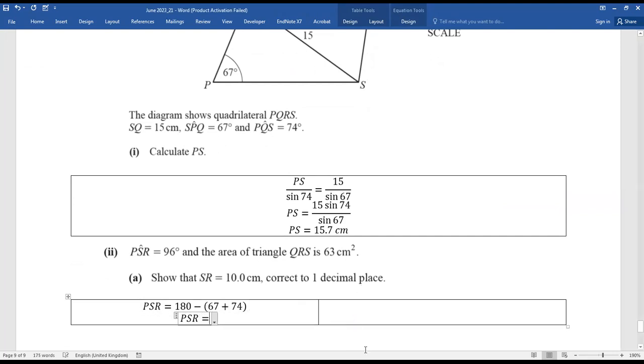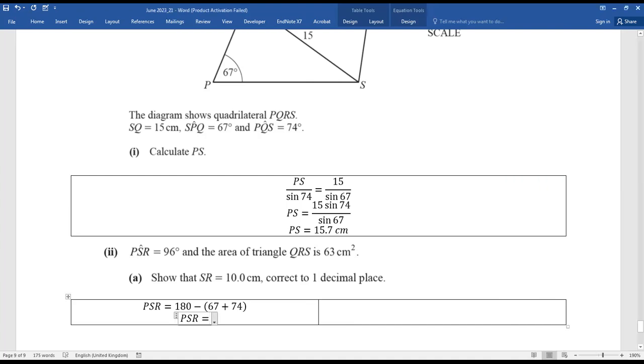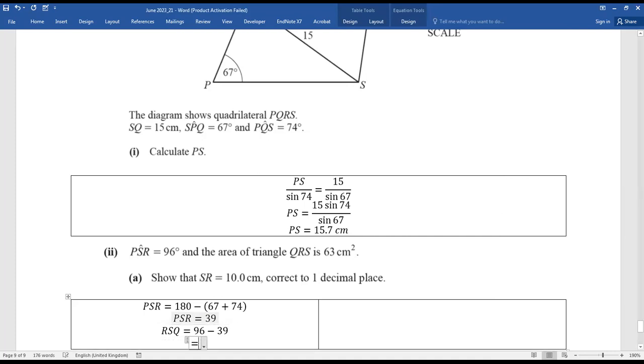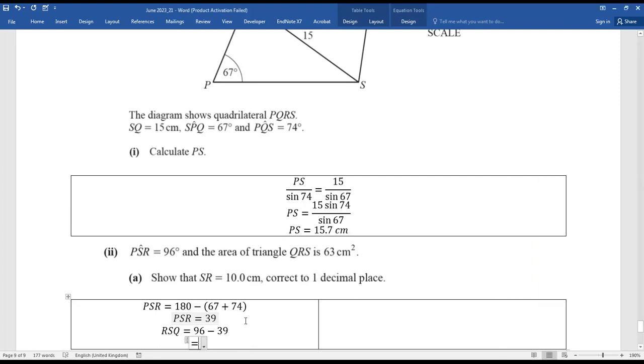So angle PSR is 39. So the remaining angle, which is RSQ, is 96 minus 39. It's 57.